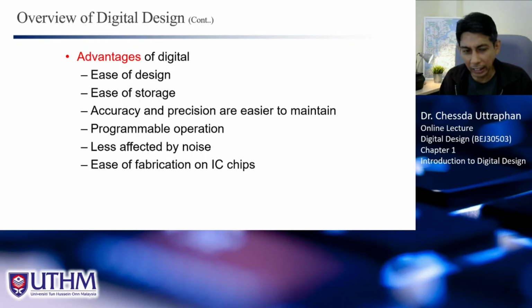For example, an inductor is quite tricky to design or fabricate on that. But a transistor is quite easy. So that is what we mean by ease of fabrication on IC chips. Those are some of the advantages of a digital system; there are actually more. You should understand why this is important and why we learn this.